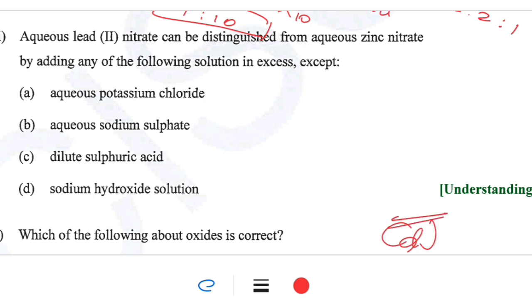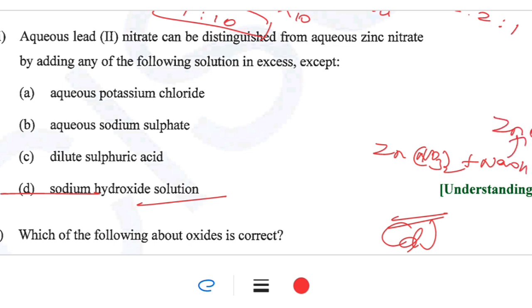Option D. Sodium hydroxide is the one which can distinguish zinc nitrate and lead nitrate. Zinc nitrate, when it reacts with sodium hydroxide, gives us zinc hydroxide, which is soluble in ammonium hydroxide.